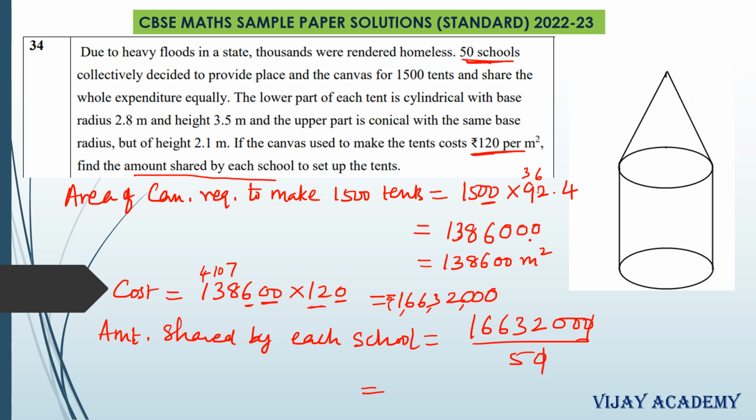So when you divide the remaining part by 5, we get 5 ones are 5, and then 5 threes are 15, again 5 threes are 15, then again 5 twos are 10, and then 5 sixes are 30, and then 5 fours are 20, and then 0 is remaining. So write that 0 as it is. So we get the amount shared by each school is equal to 3,32,640.